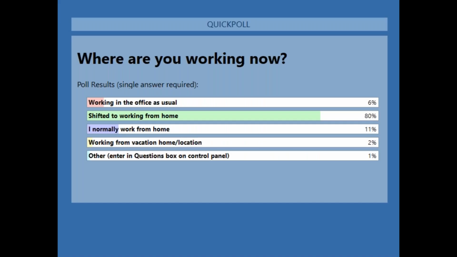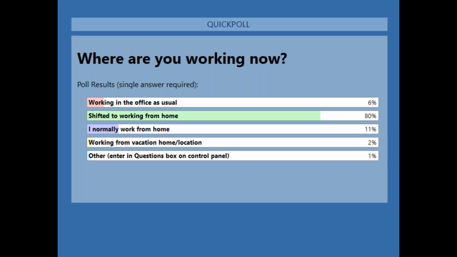As you can see, 80% of you have shifted to working at home, just like me. Only 6% of you are working in the office, and another 11% normally work from home. So over 90% of us are working from home. That's good.